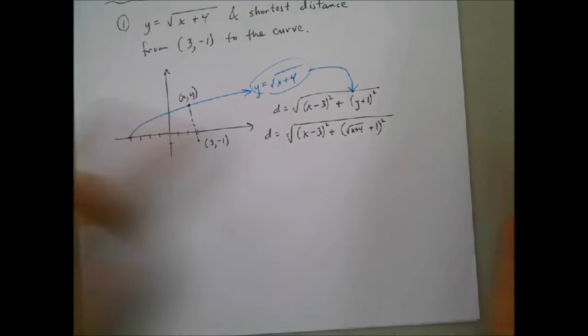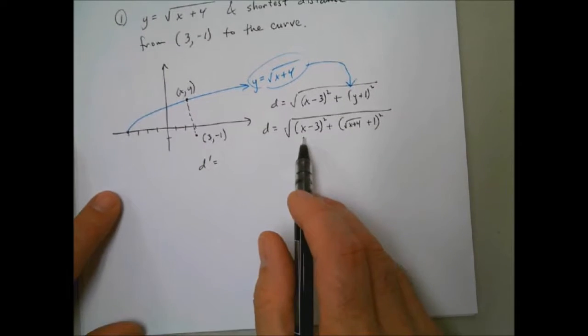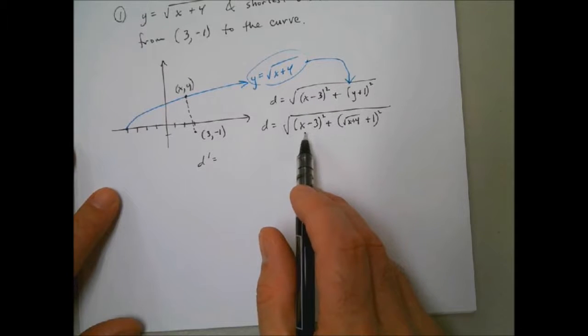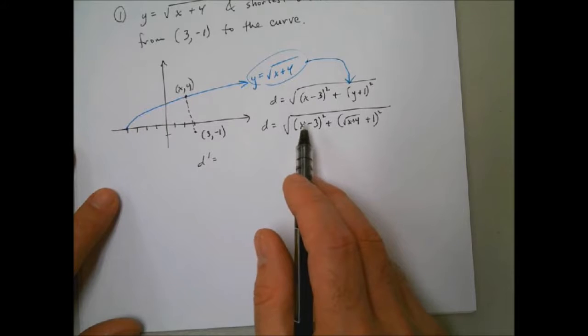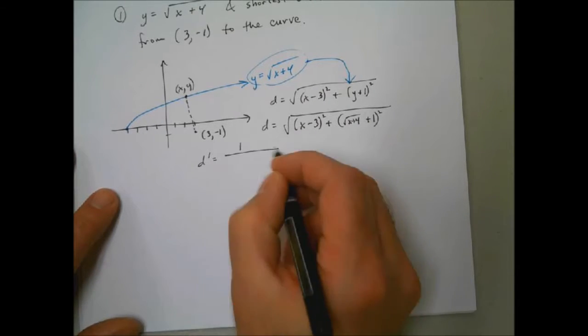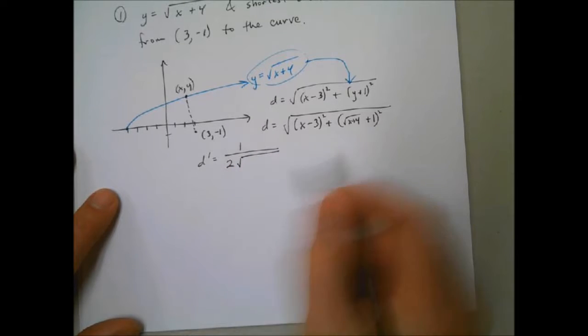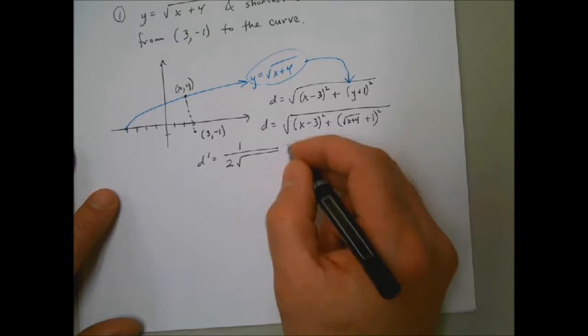So we do the derivative. So d prime. Now, when you do a square root, isn't it always 1/2 times the quantity to the negative 1/2? So that's really 1 over 2 times the root, times the derivative of the guts.